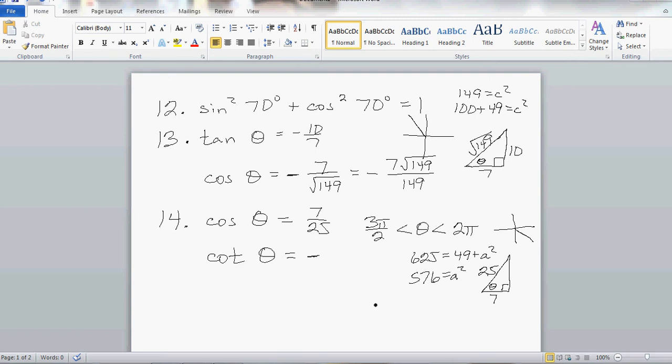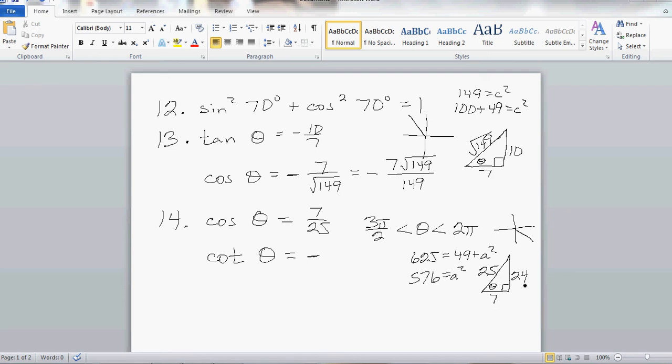Take the square root of both sides, and a equals 24. Now, of course, this would have been nice if we would have remembered there is the 7, 24, 25 Pythagorean triple. But, you know, it doesn't ever hurt to actually do the calculation.